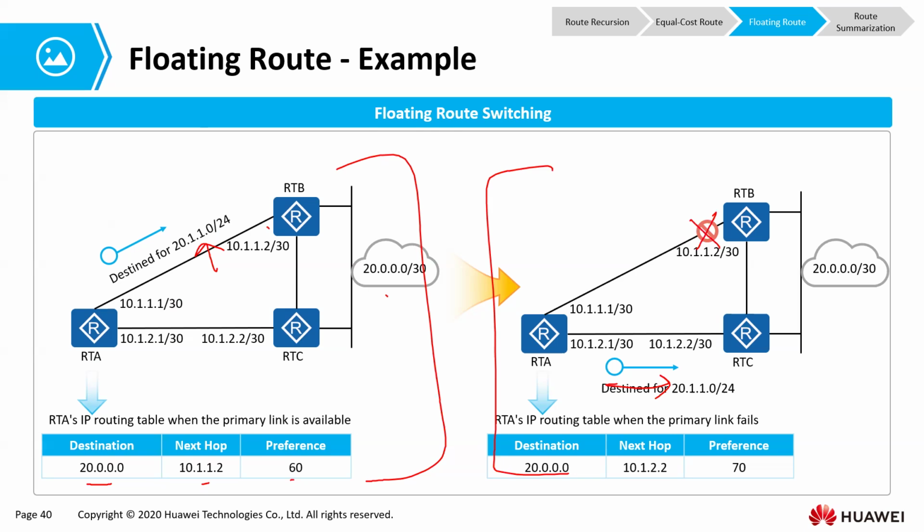So the idea behind my floating routes is pana you configure a static route rine a lower preference, therefore ikadhakwa ishi, this one will take over.